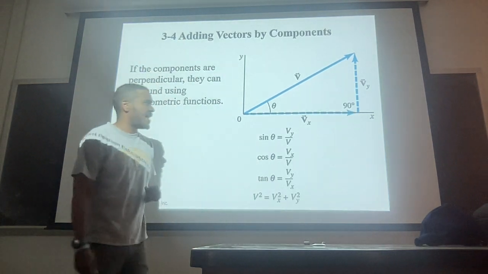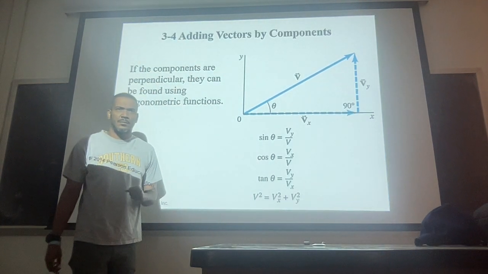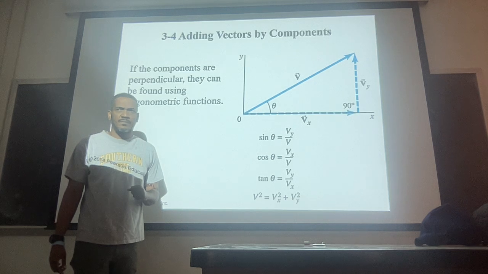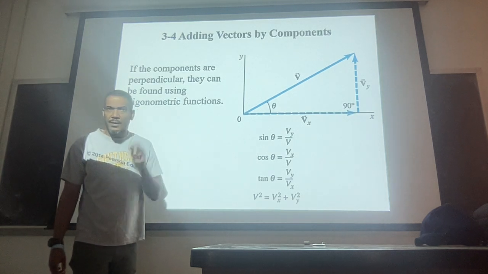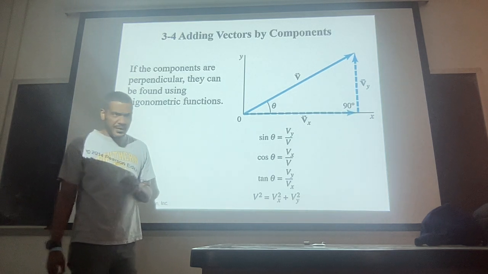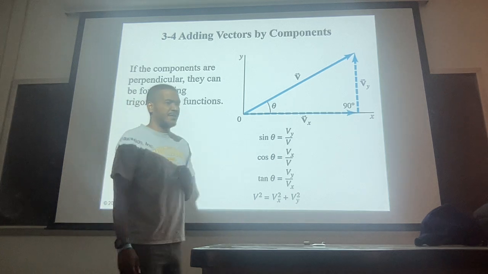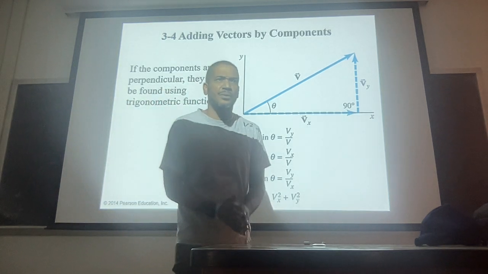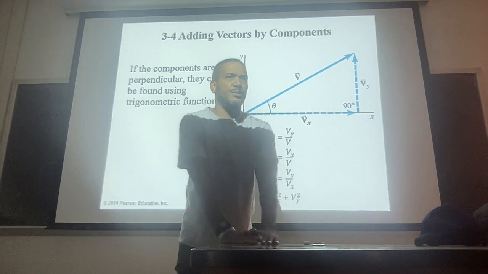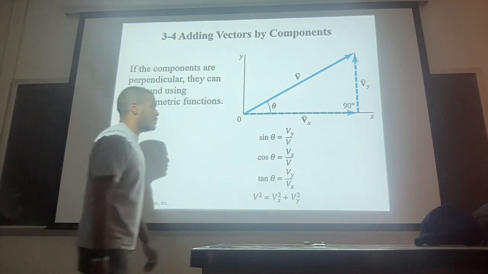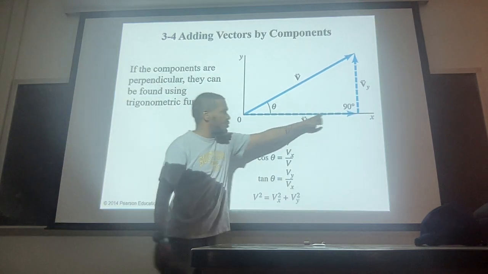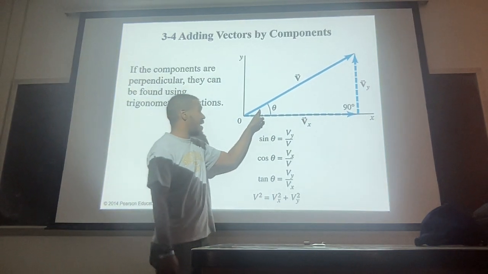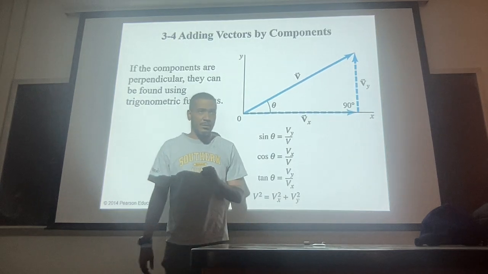What's the adjacent side? Vx. What does it mean to be adjacent to? Next to. Right? This side is next to this angle. This side is opposite that angle.